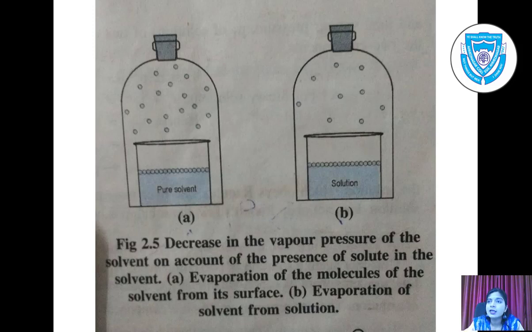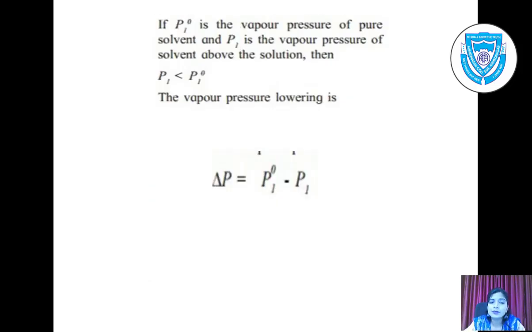If P01 is the vapor pressure of A and P1 is the vapor pressure of B, you can see P1 is less than P01. Always remember, the vapor pressure of the solution is lower than that of pure solvent. So vapor pressure lowering, delta P, is equal to P01 minus P1.